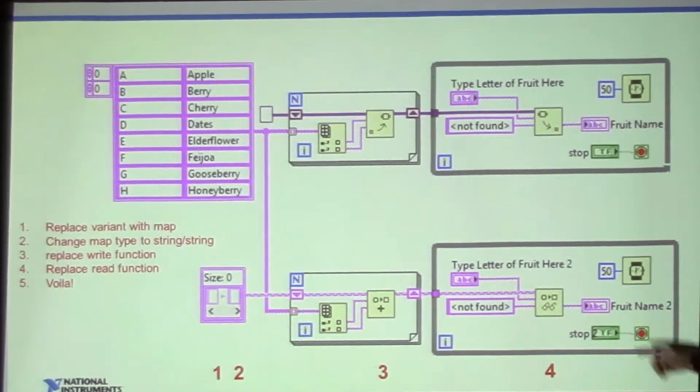And as you can see, the connectors between the two are really pin compatible, right? You just pop that out, you can right-click, replace with the map equivalent, and it does it. You don't even need to rewire it. It took me like a minute to convert that.